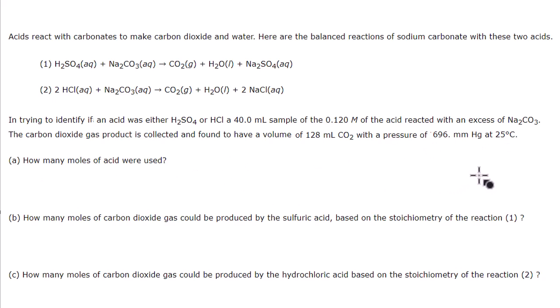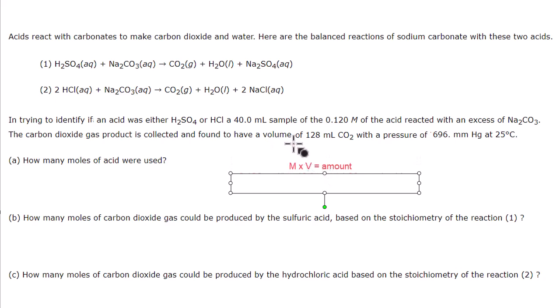Well, we've got an acid and we have a concentration and volume, and we know that that's a pretty straightforward arrangement where you multiply the concentration times the volume to give you the amount. That's something just like changing grams into moles and moles into grams, you should have down pat for AP chemistry. So this will be a multiplication.